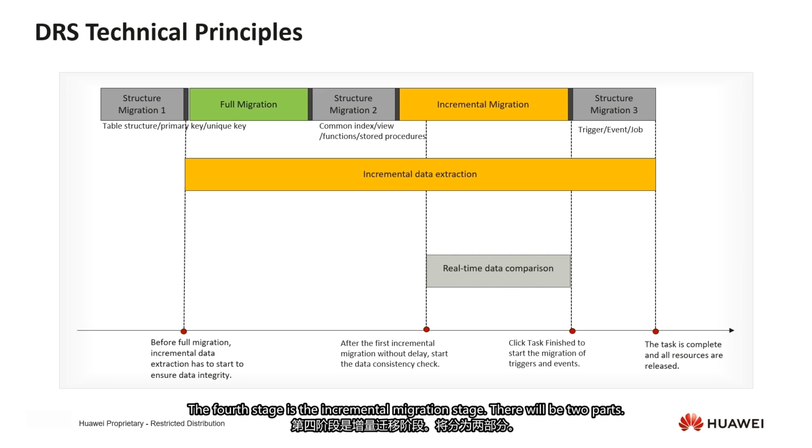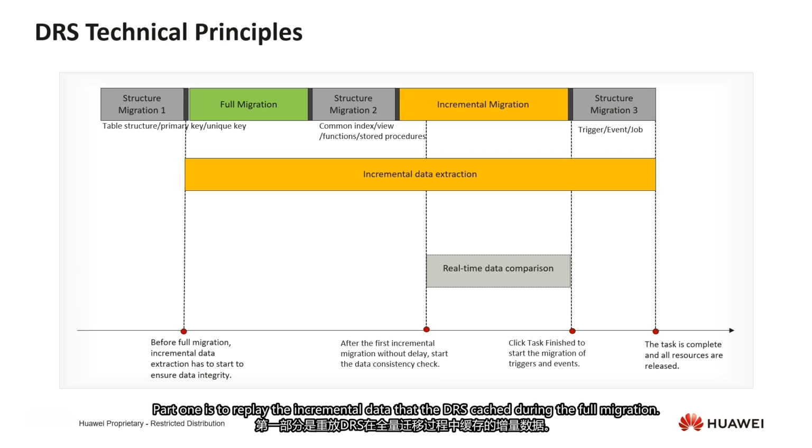The fourth stage is the incremental migration stage. There will be 2 parts. Part 1 is to replay the incremental data that DIS cached during the full migration. At this point, DIS tasks are in the incremental stage with a certain delay.